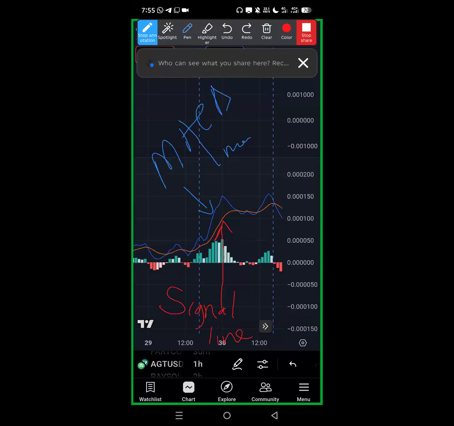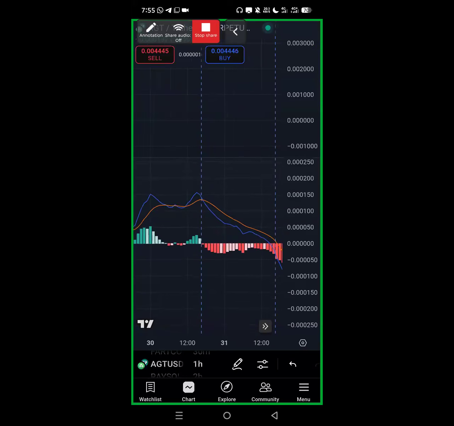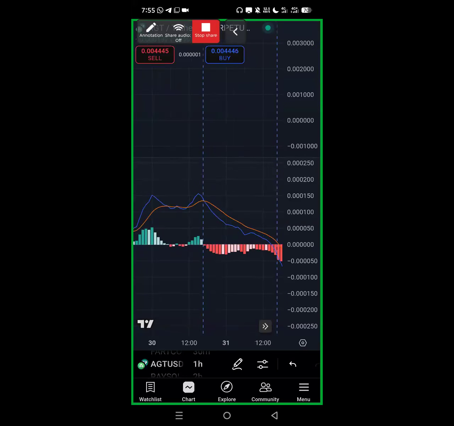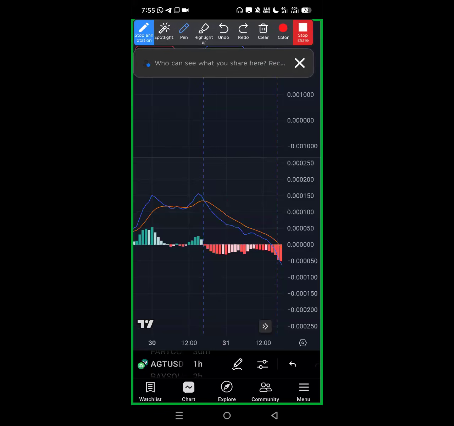Now, these two moving averages, just like the moving averages in the stochastic RSI, move together. And then when you come to this other part, the zero line is actually this reference point. It's written 0.